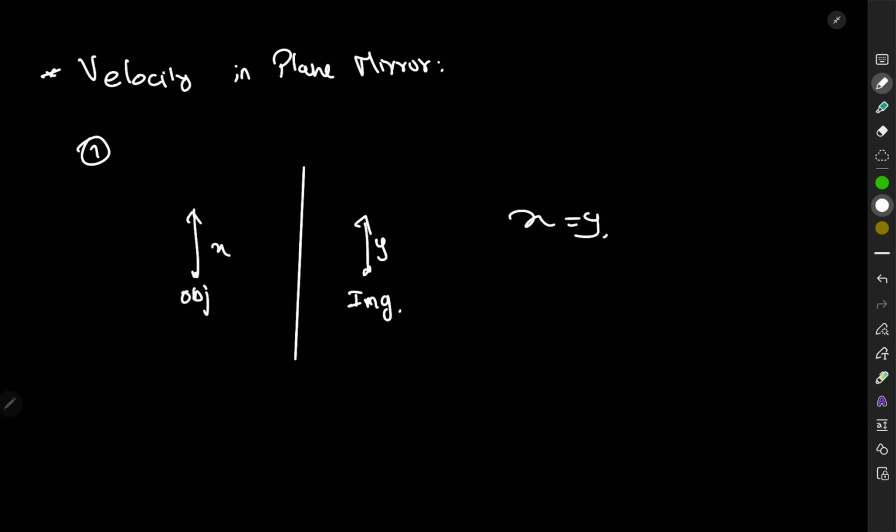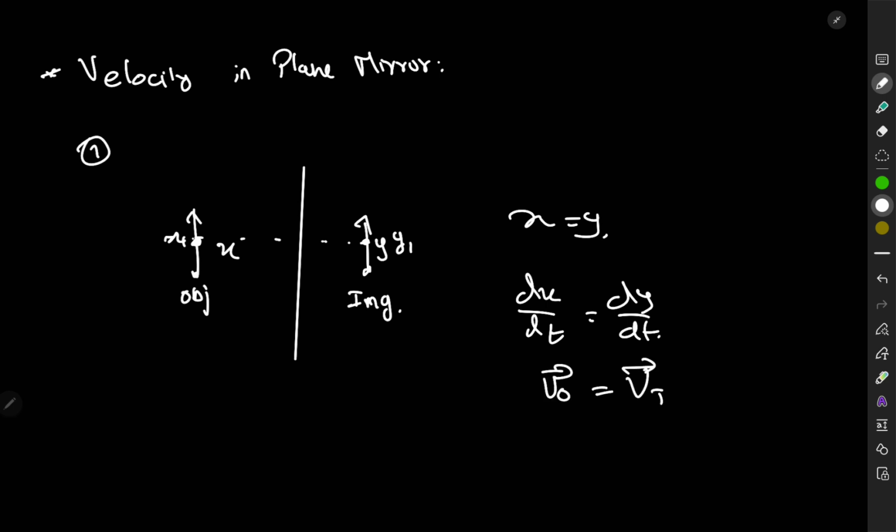Let's say the object is here at x1 position, the image will be at y1 position, but exactly parallel to this, right? So I can write x is equal to y. So let's just differentiate it. dx by dt is equal to dy by dt, which is velocity of object is equal to velocity of image in the parallel case.